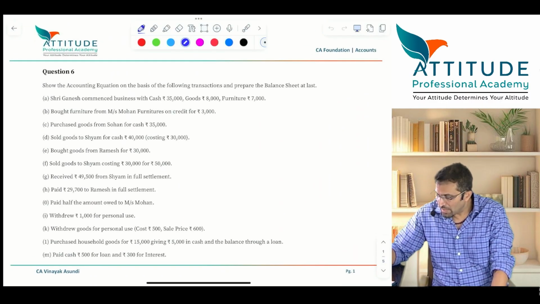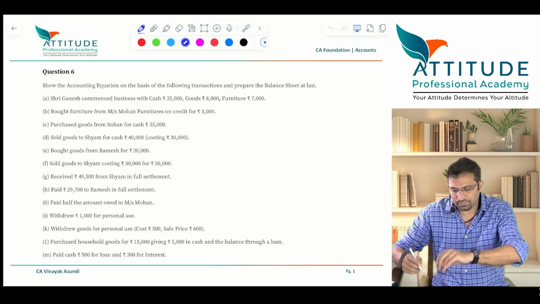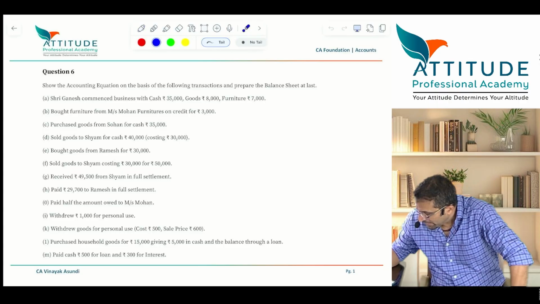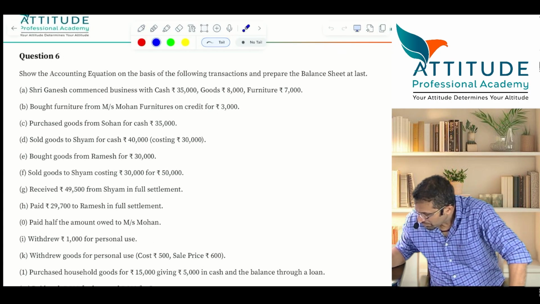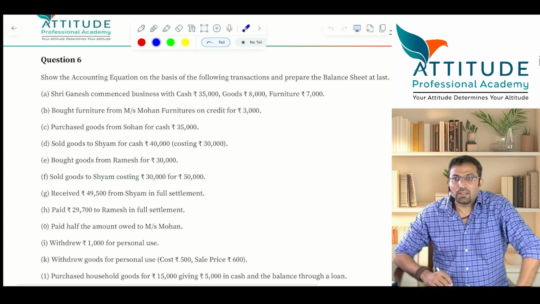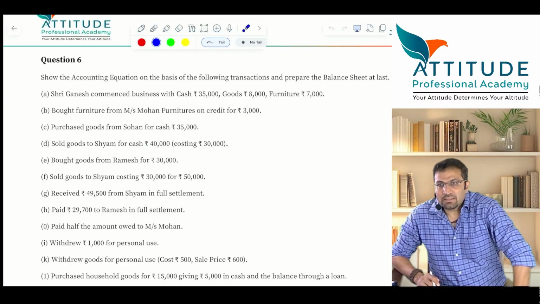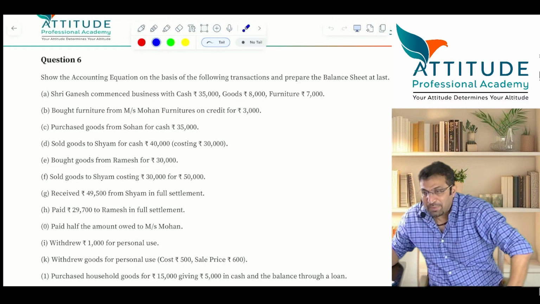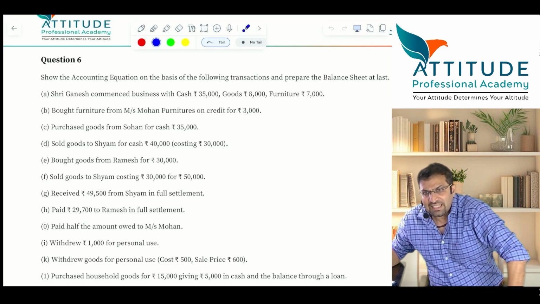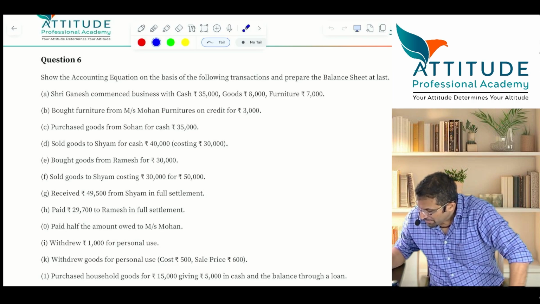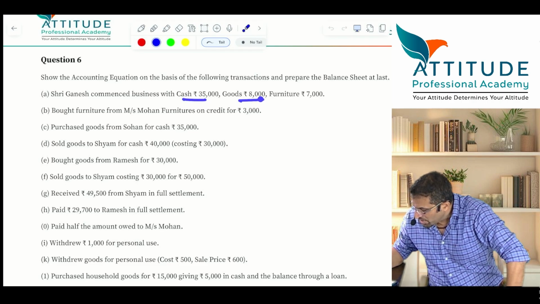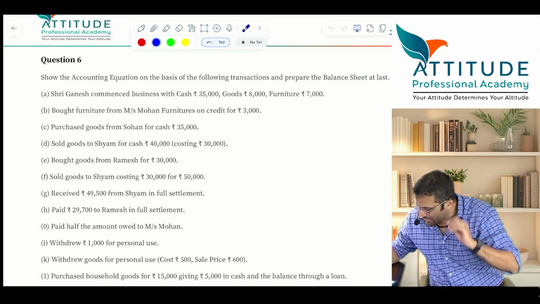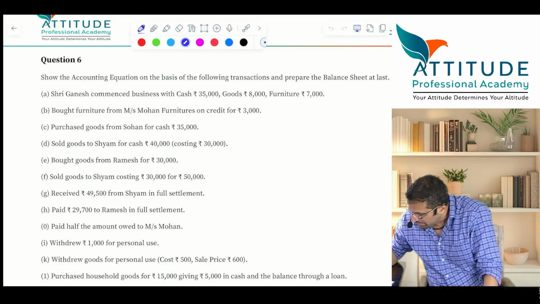Okay, question number 6, guys. Question number 6, have a look at it. One by one I'll take. Later on you can check the answers, but here I'll give plus and minus here itself. Is that clear? Shri Ganesh commenced business with cash 35,000, goods 8,000 and furniture 7,000. Now please tell me what all are going to increase here.